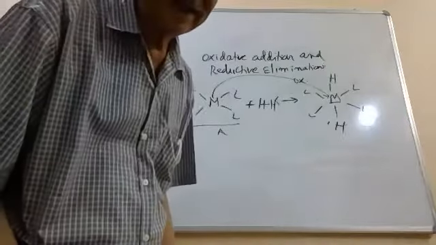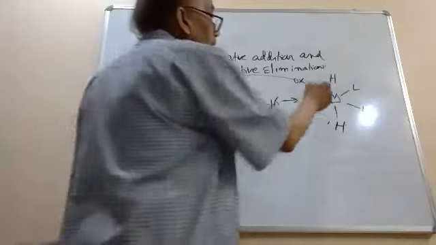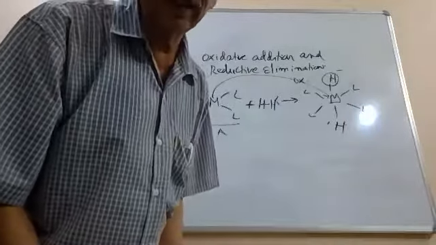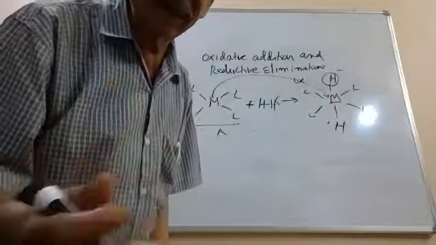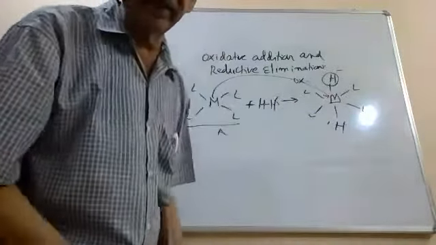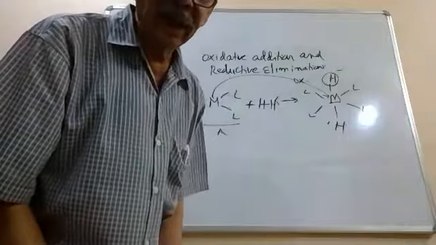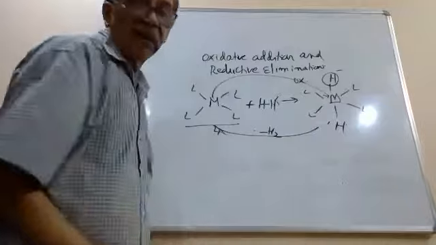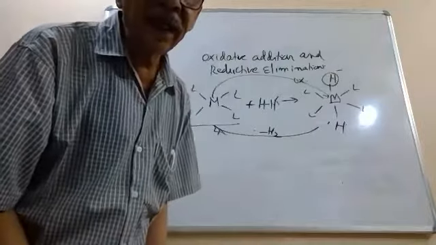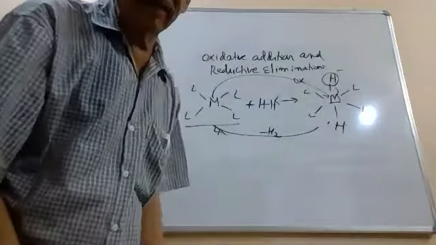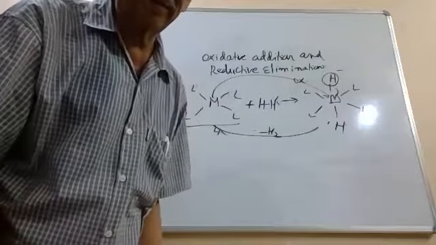It must increase because this is a hydride ligand, right? So it needs an extra electron. That extra electron comes from the metal. So once the metal loses an electron to hydrogen, it gets oxidized. On the other hand, if you look at the reverse of the process, this is a dehydrogenation process here. In the dehydrogenation process, the hydrogen will give the electron back to the metal, so it gets reduced.